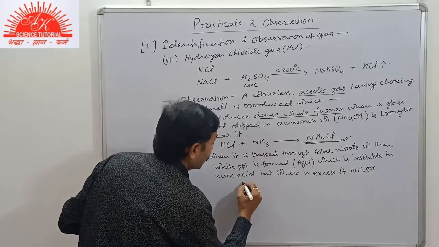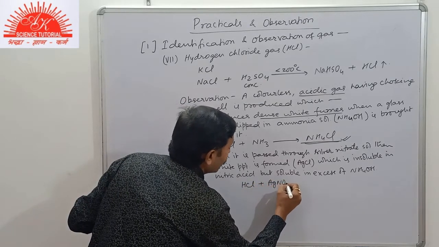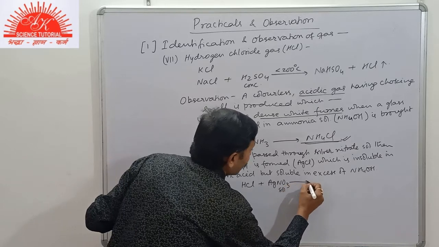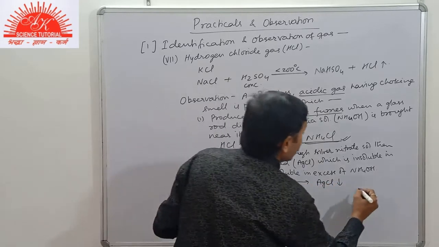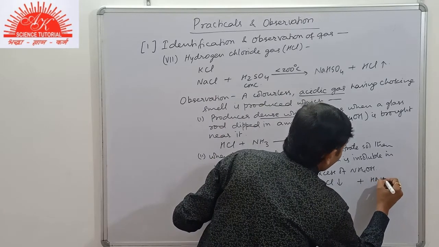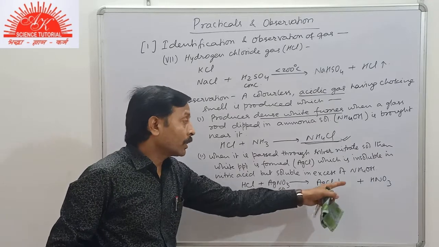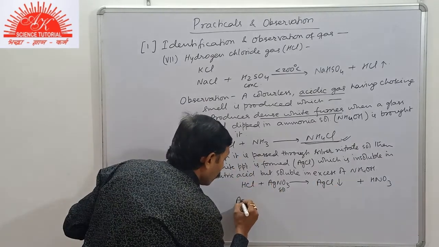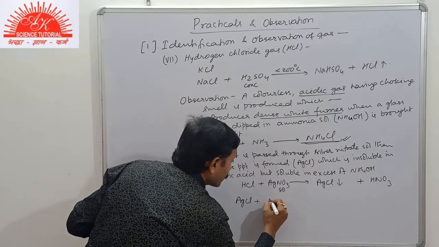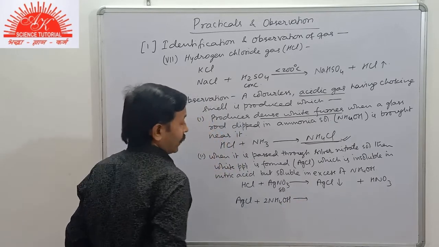Now the reaction is HCl plus AgNO3 solution gives AgCl, this is the white precipitate, plus HNO3. Now the white precipitate is formed, which is insoluble in nitric acid, but this white precipitate is soluble in excess of NH4OH.